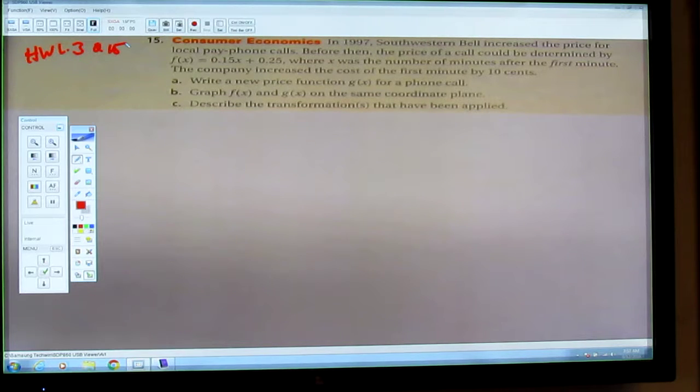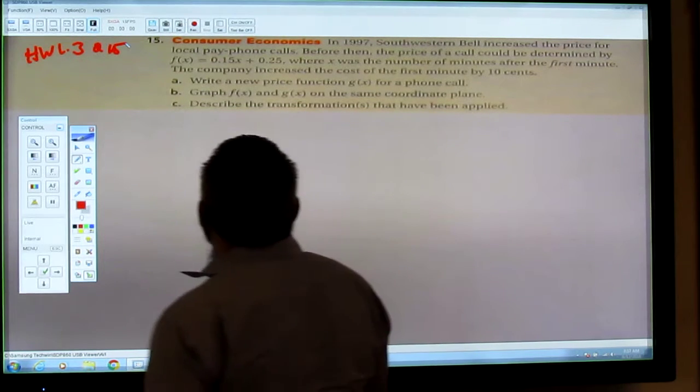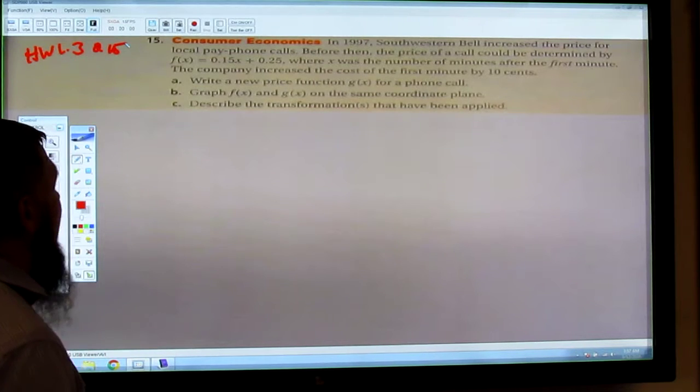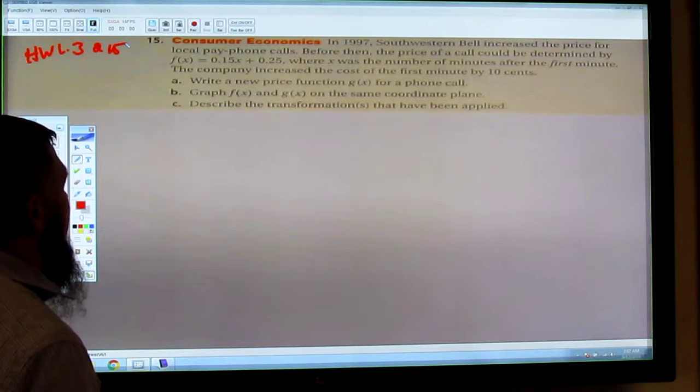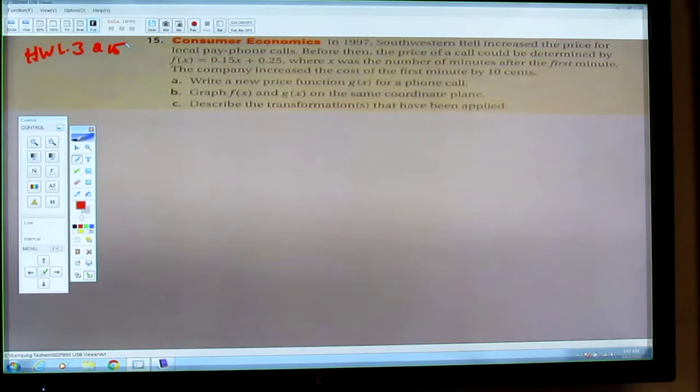So, the company increased the cost of the first minute by 10 cents. The first minute was 25 cents before. Now, if we increase it by 10 cents, instead of 25 cents it'll be 35 cents, because 10 and 25 makes 35.